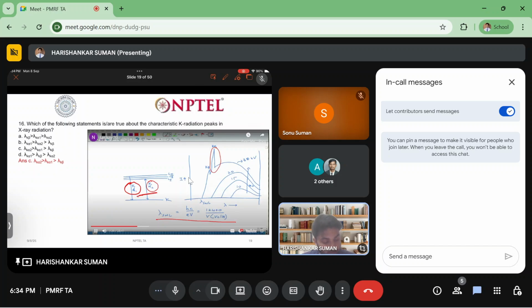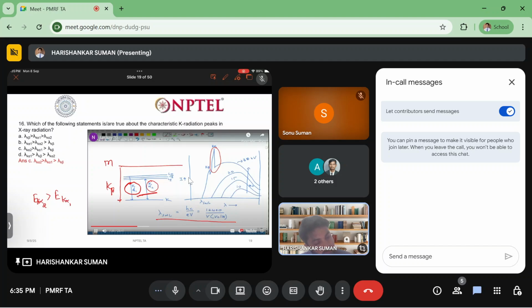And K beta is from the M shell to the K shell transition. The energy of the K alpha 2. So let's say K alpha 2 will be higher energy than K alpha 1.